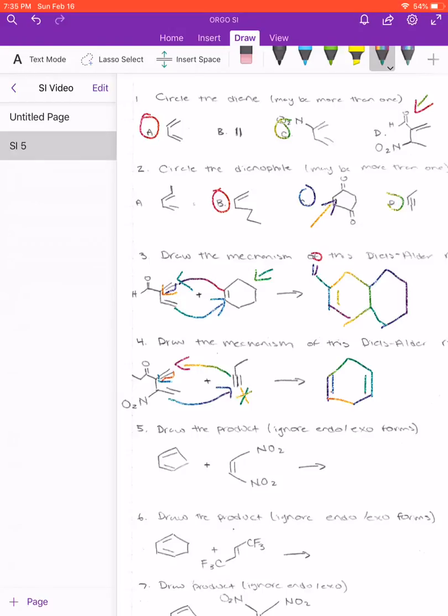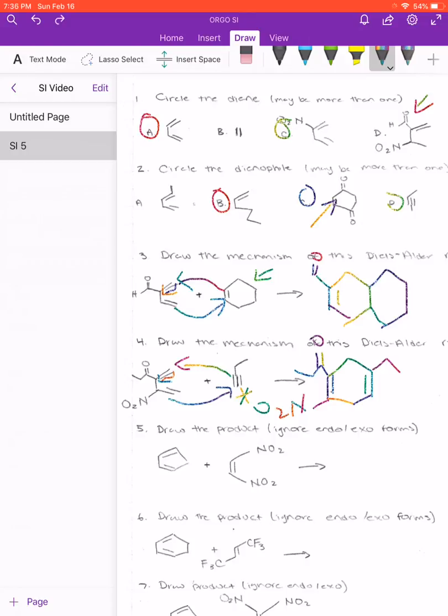It's going to look like that, right? And then you have the substituent to draw. Looks like that. And then the substituent for the diene is just something like that. And then the NO2 group, right? Okay.